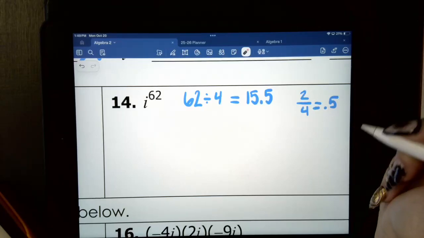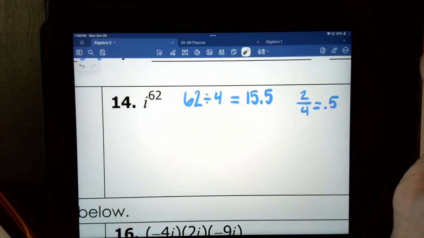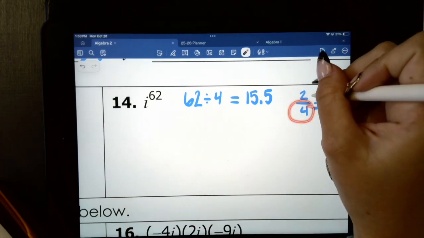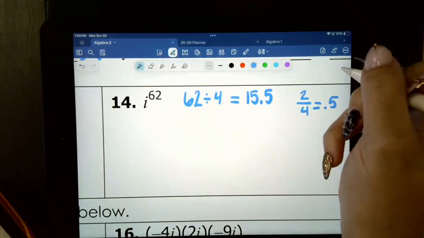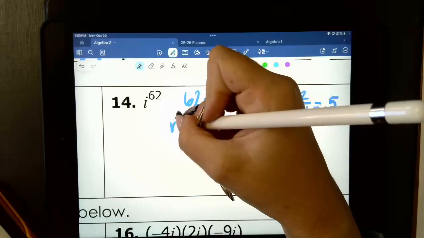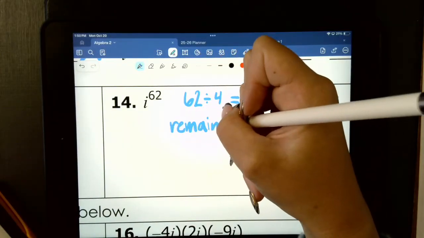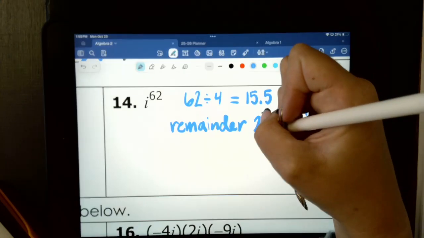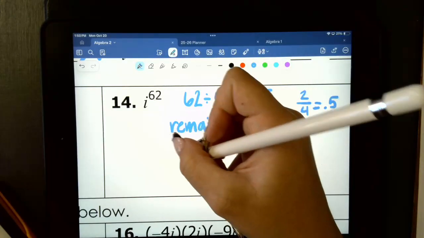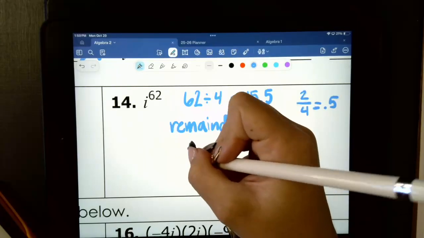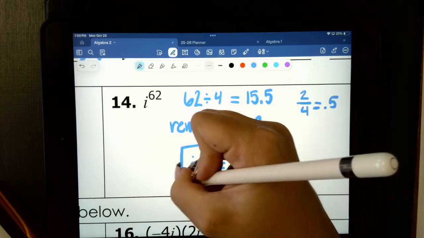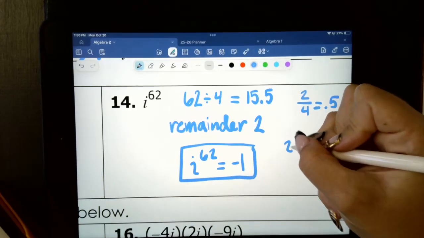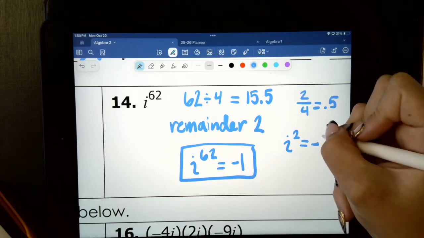If people can remember that, we know 50 cents is 2 quarters, 4 quarters is $1. So if our remainder is 2, then I to the 62 is going to equal what? Negative 1, because I squared equals negative 1.